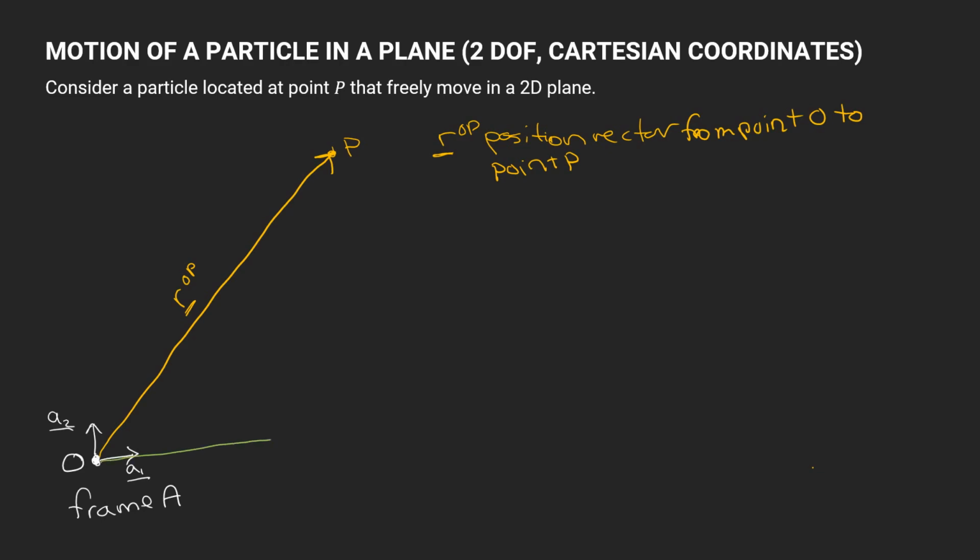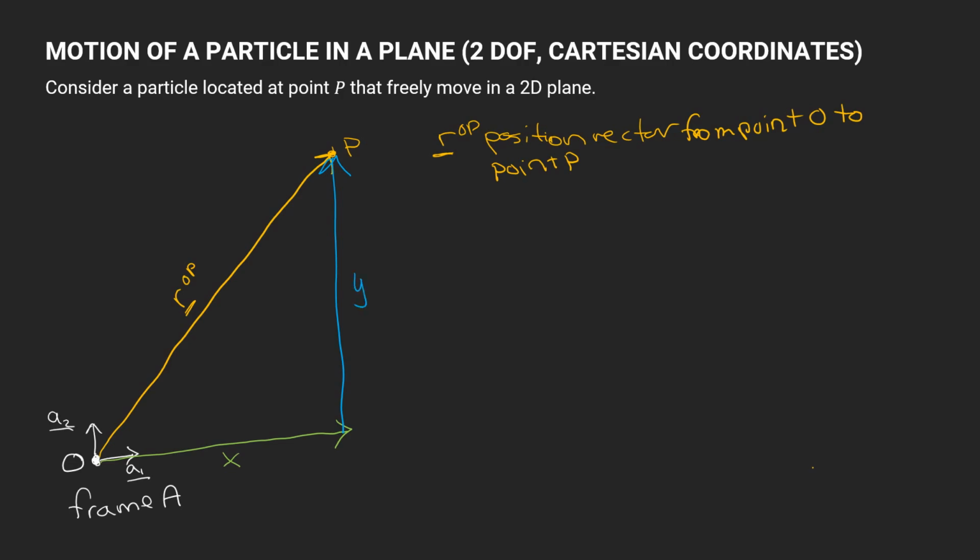So you can think of it as we're breaking our position vector down into two components, one in the A1 direction and one in the A2 direction. And we're just going to assume we know that the magnitude of this vector here is x, and we're going to call the magnitude of this vector here y.